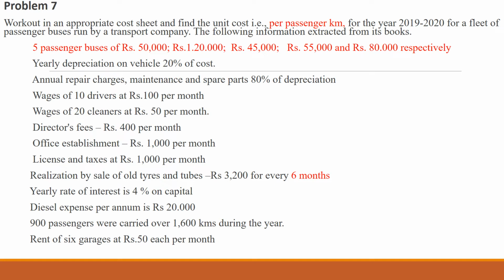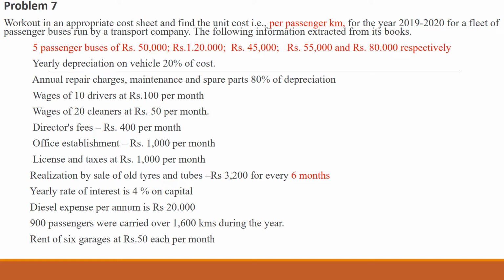License and taxes at rupees 1,000 per month. Realization by sale of old tires and tubes rupees 3,200 for every 6 months. Yearly rate of interest is 4% on capital. Diesel expense per annum is rupees 20,000. 900 passengers were carried over 1,600 kilometers during the year. Rent of 6 garages at rupees 50 each per month.